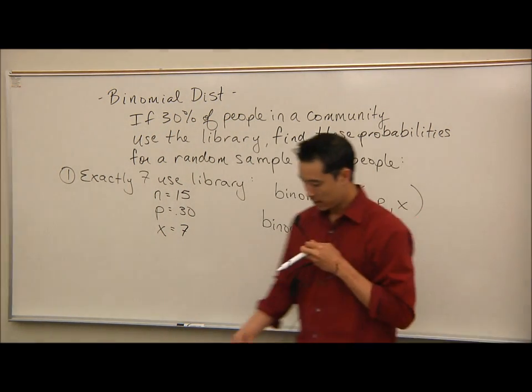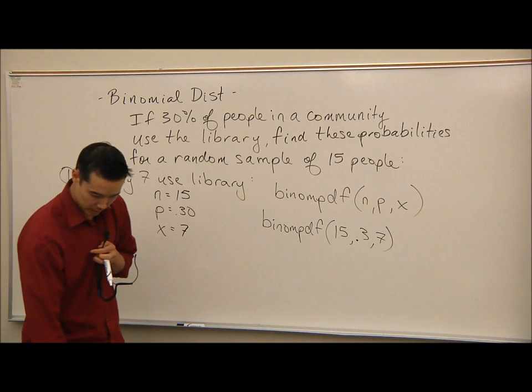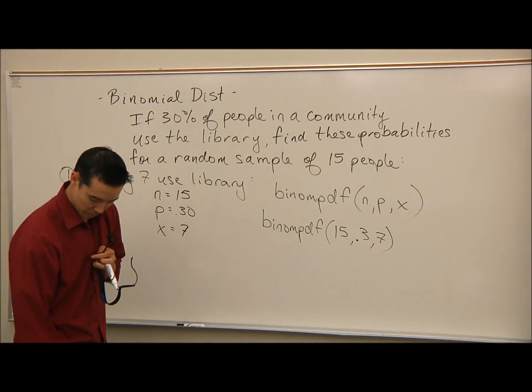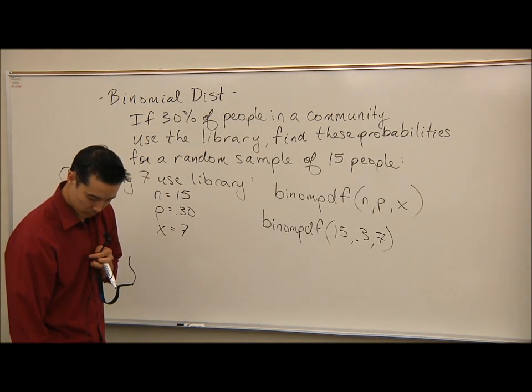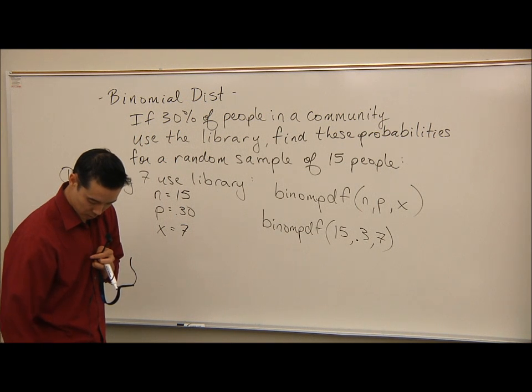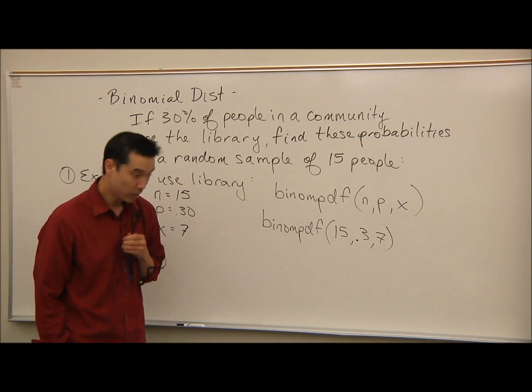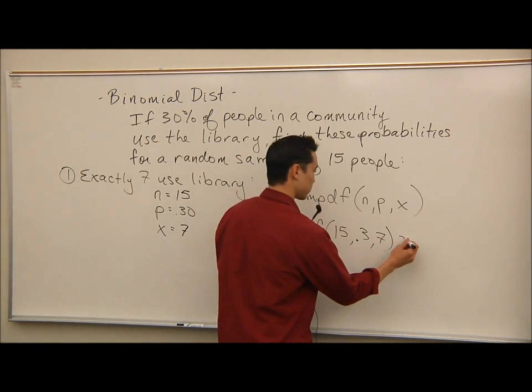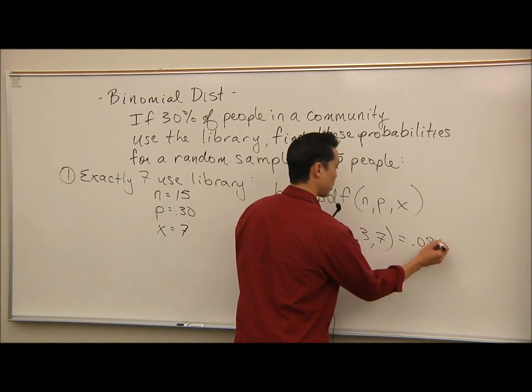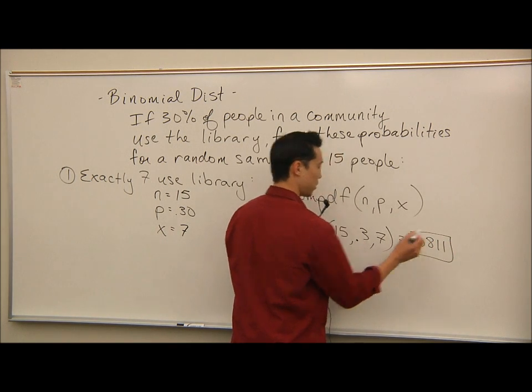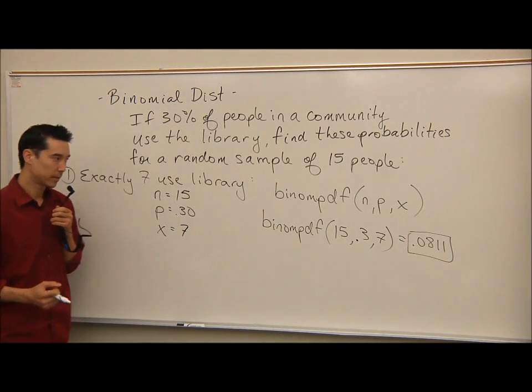So let's all do that, and then we'll double check this answer. If I round to 4 decimal places, 0.0811. Okay, and that's all there is to it.